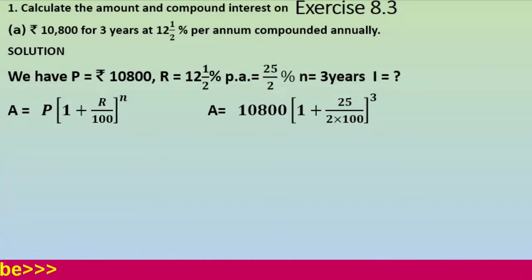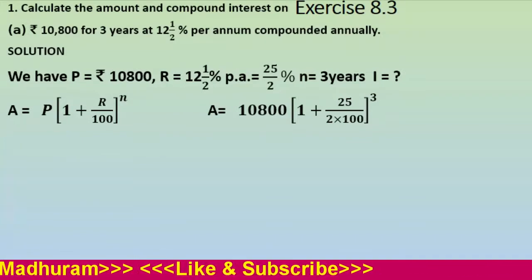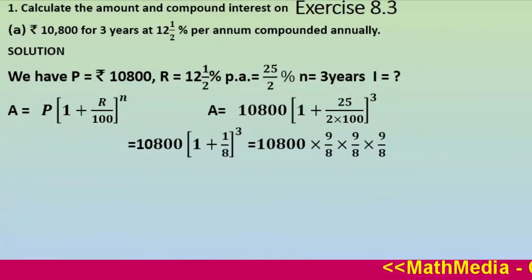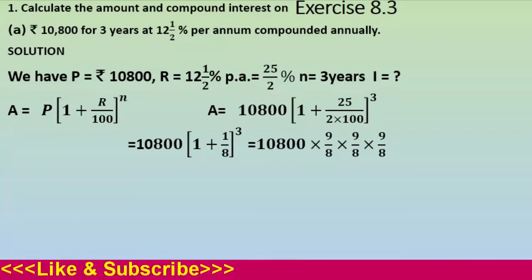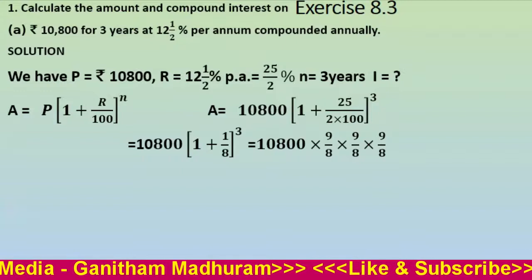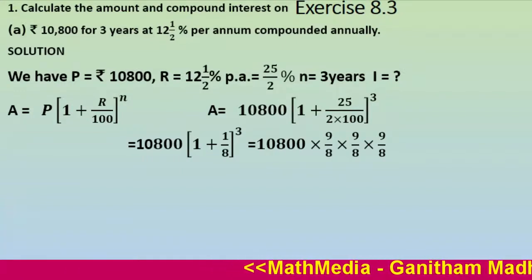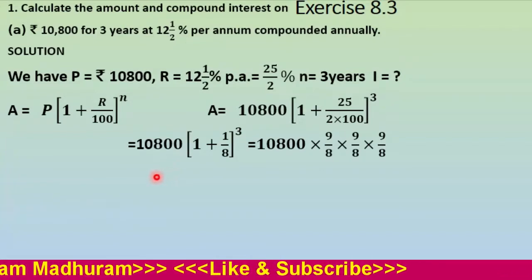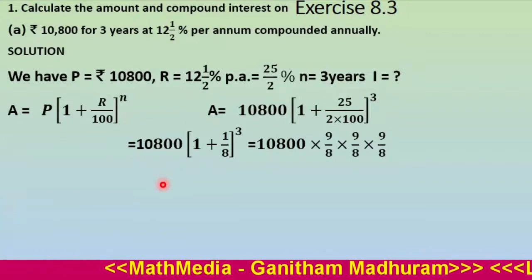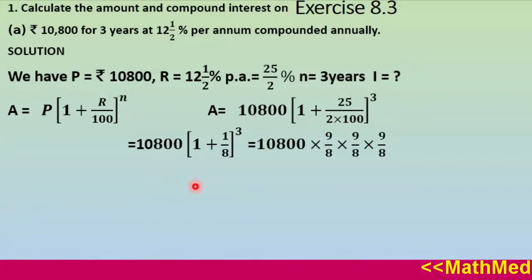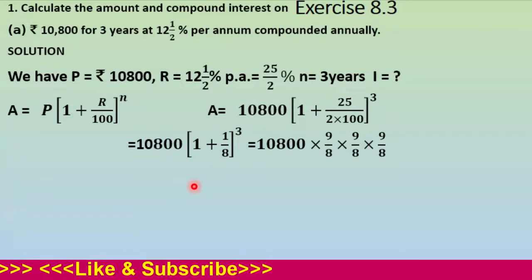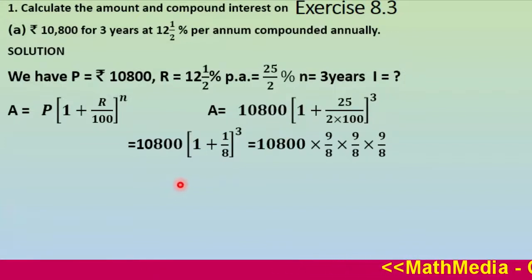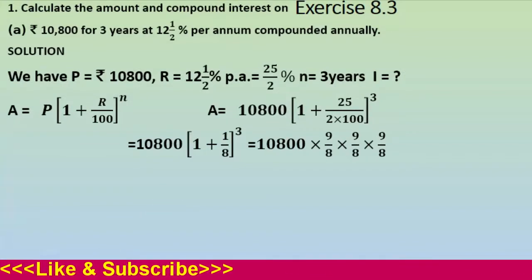While solving, 25 and 100 can be cancelled, we get 10,800 into (1 plus 1 upon 8) whole cube. Here 1 is a whole number and 1 by 8 is a fraction, so we can convert 1 also into a fraction. So it will become 1 upon 1. The LCM is 8. So while adding, we get 9 upon 8 whole cube.